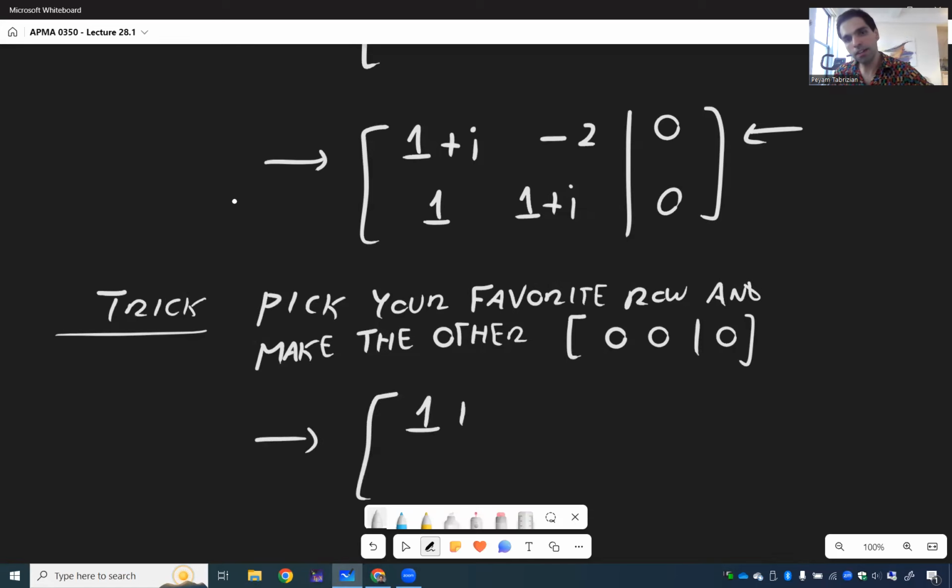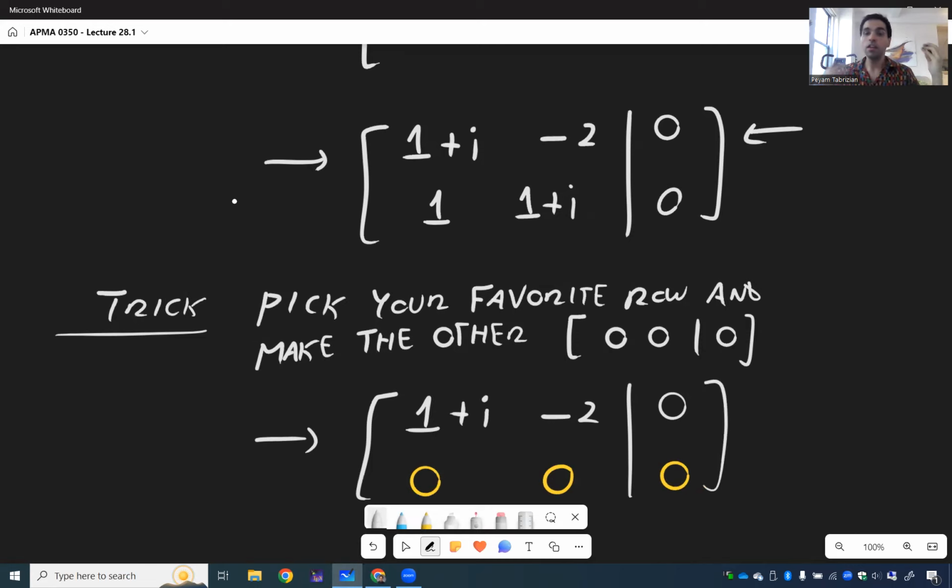So we have 1 plus i, -2, 0, and everything else zero. Let me repeat: because 2i is an eigenvalue, from linear algebra theory, one of the rows is eventually 0. Pick any you want and make the other one 0.